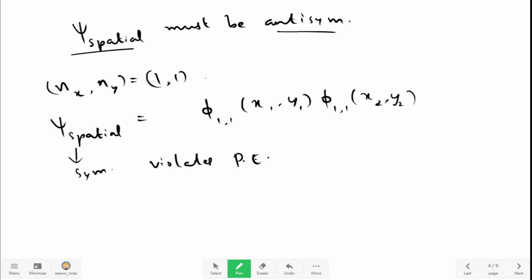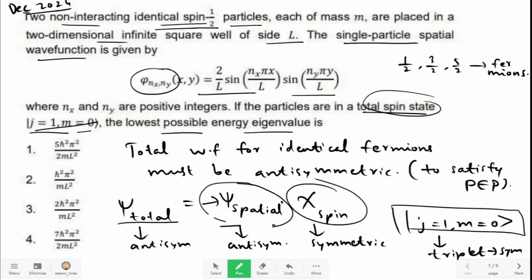Therefore we cannot put both the particles in the nx, ny equal to 1 1 state, because then the spatial wave function that is created will be symmetric, and then it violates the Pauli exclusion principle. So what we can do is place one particle in the nx, ny equal to 1 1 state. It is not specified that it is an electron, it is a spin-half particle.